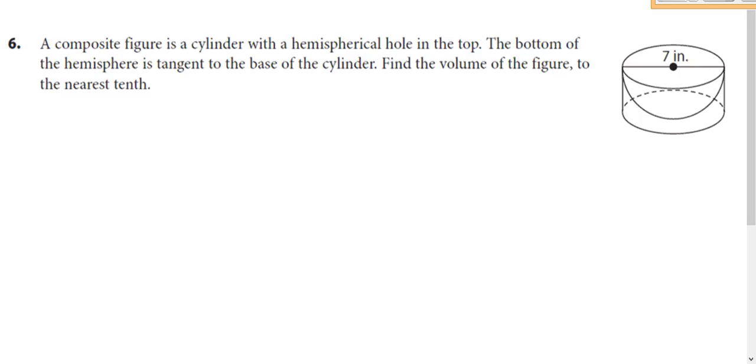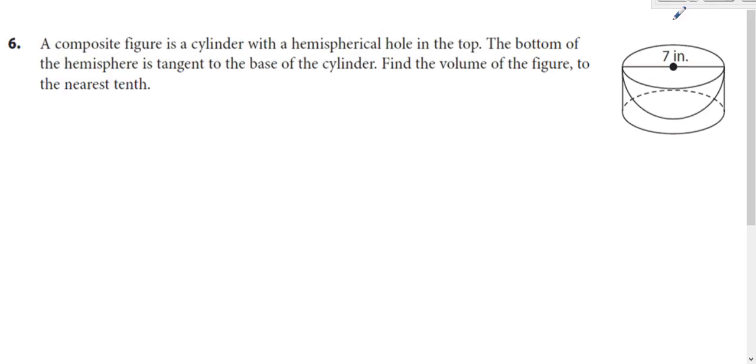Now we're going to look at a cylinder that has a hemisphere kind of cut into it. And it says the bottom of the hemisphere is tangent to the base of the cylinder, so that means it just barely touches down there. So since this is a cylinder and a sphere, we need to know the radius.